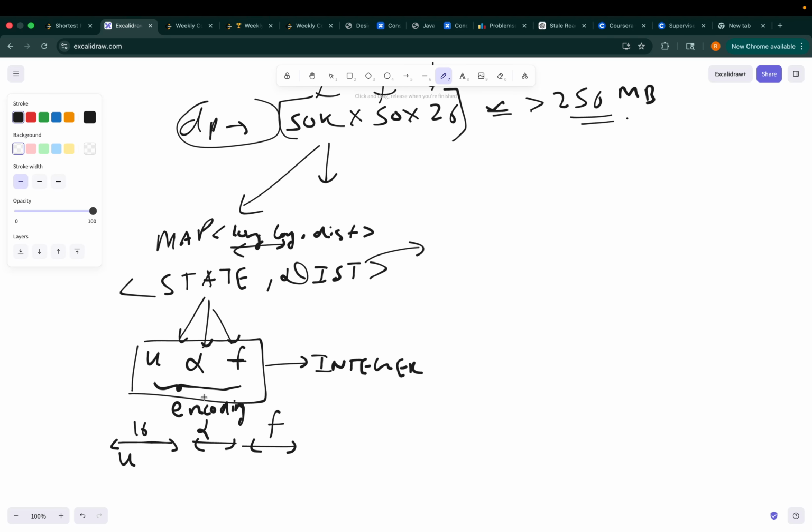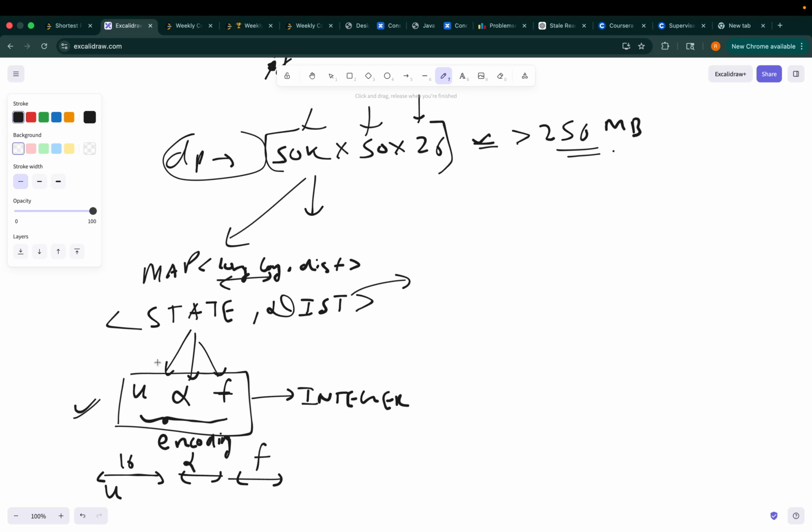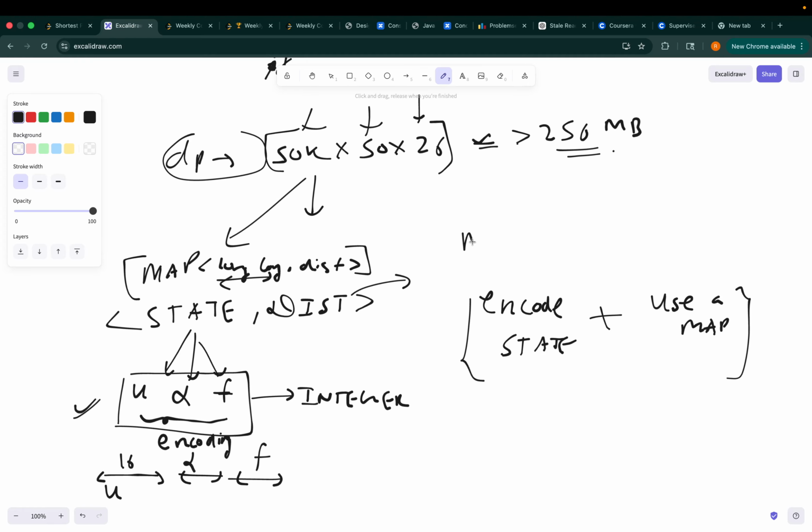So if I run some encoding on this state, then I will be able to compress this using the map. So that's the idea. You have to write an encode function on the state and use a map. So this is your memory optimization trick.